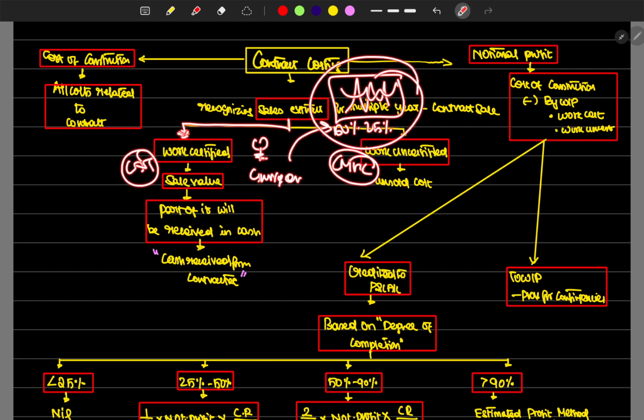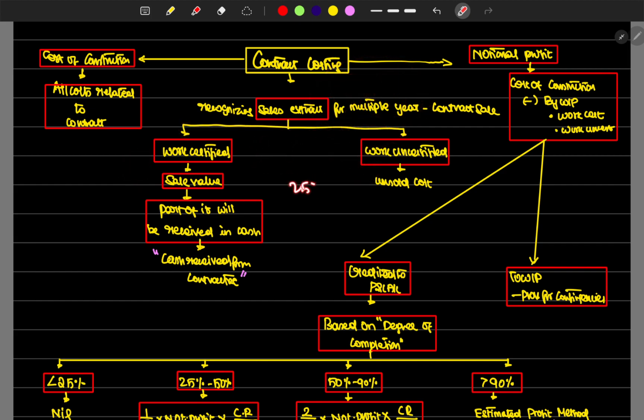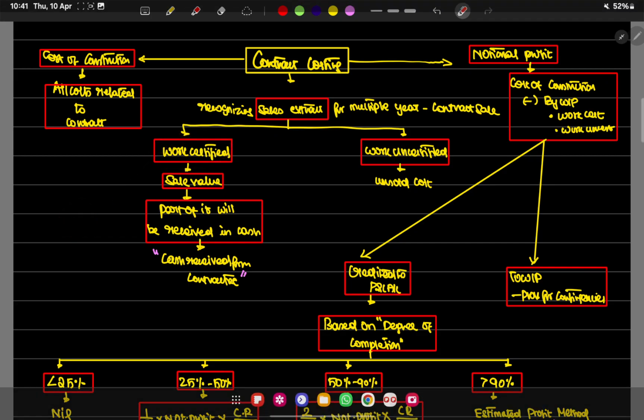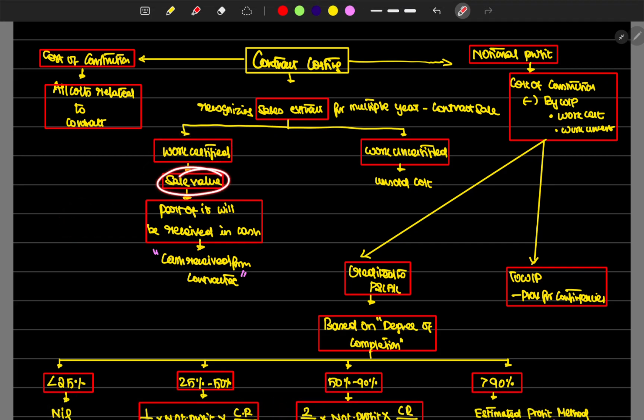You record in your books 25% as sales. So in L&T's books, L&T can recognize the bridge work completed for the particular year as 50% completed. That's what work certified is. Work certified is the sale value.